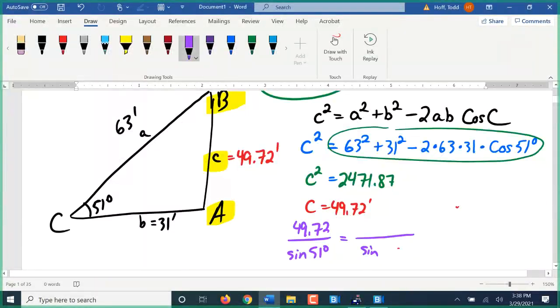Now, to find our angles A and B, which angle do we want first, A or B? B. Why do we want to find angle B first? Because we know B is acute because it's opposite the smaller of the two sides.